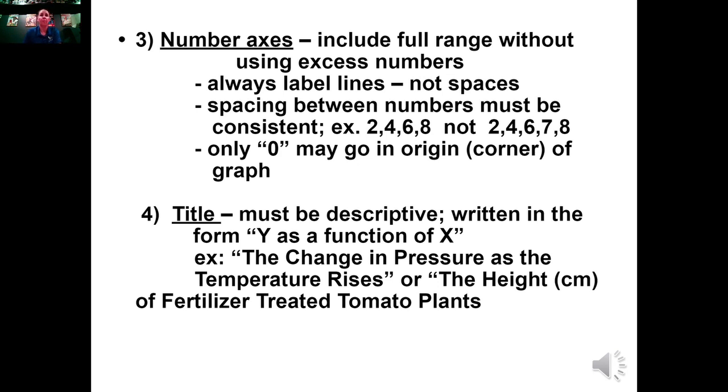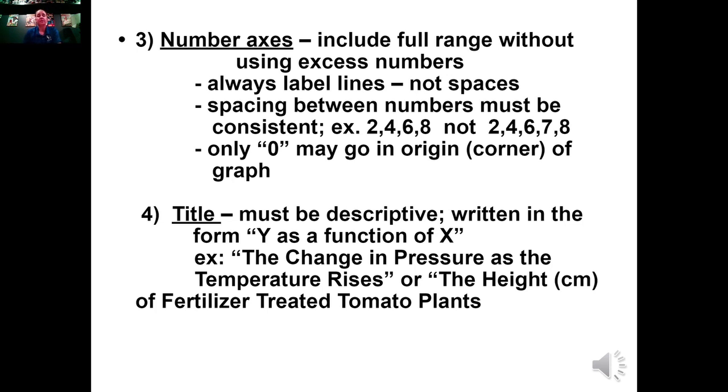So for example, if my y-axis top piece of data is 160, and I have 10 lines that I can play with, 160 divided by 10, I'm going by 16s. You can also go by 2, 4, 6, 8. Never go by 1, 2, 5. Don't skip around. Always keep it consistent.